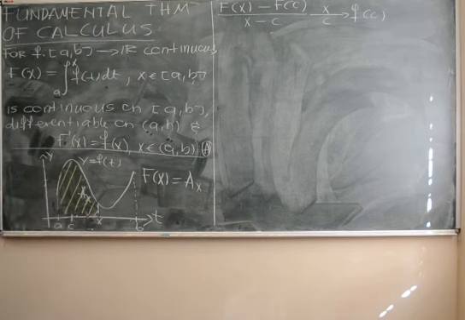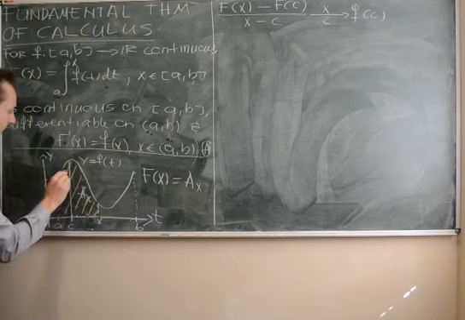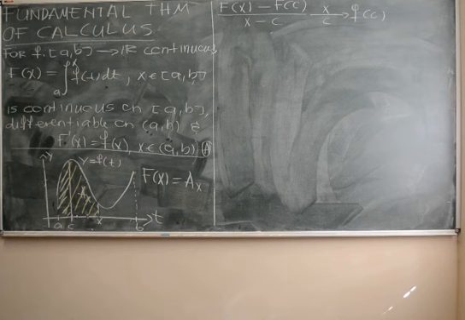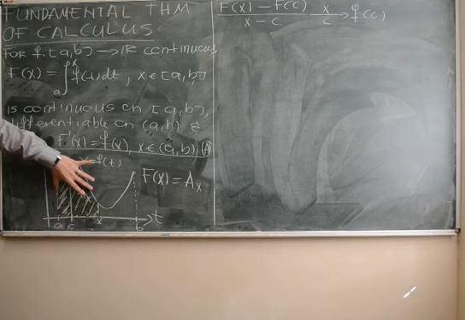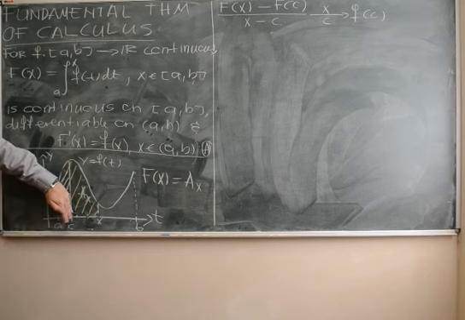Now, big F of x is the integral from a to x, so we can think of it as this area, and big F of c will be that area. So big F of x minus big F of c would be the whole yellow area minus the white area. That's the area under the curve y equals f of t from c to x.